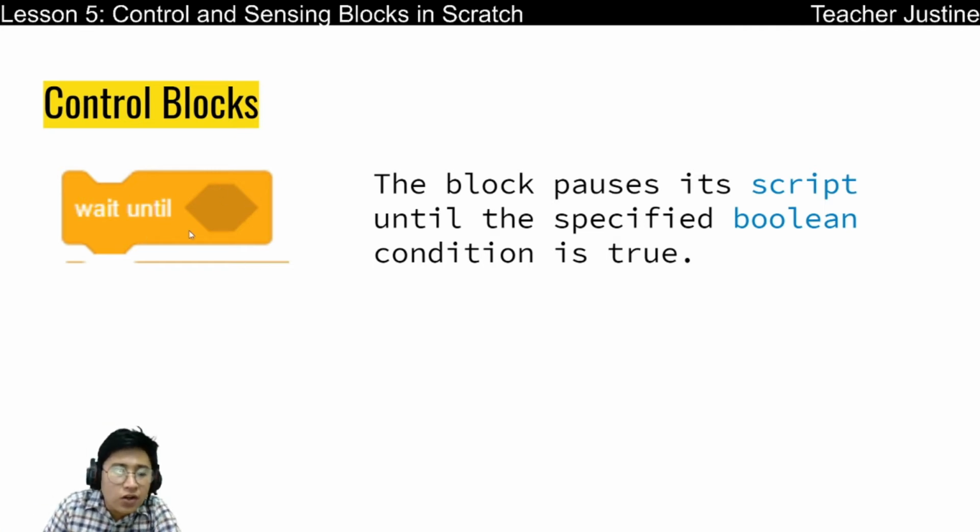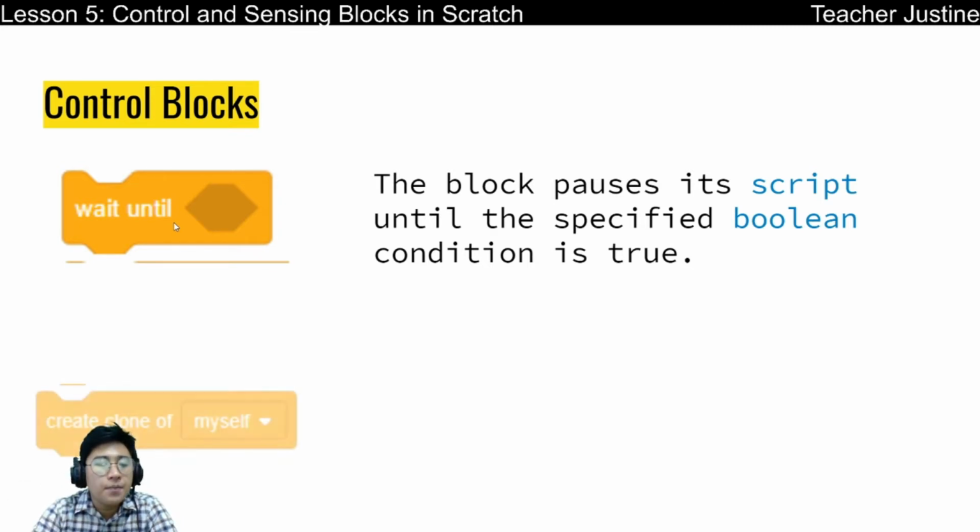So the condition that you put here should be true or false. If the specified Boolean is true, the program will wait until your condition becomes true. Later on, I will show you an example for this.